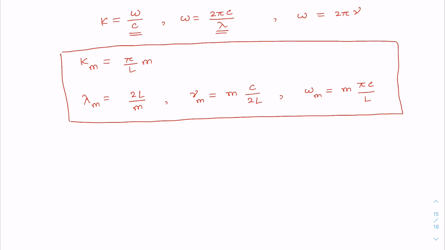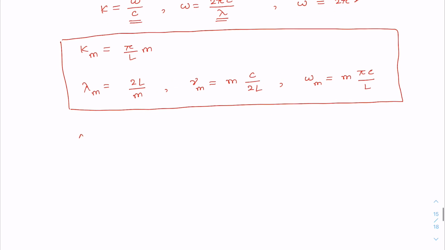Now the corresponding spectrum, if I plot intensity inside the cavity versus the frequency, then only those frequencies or wavelengths that satisfy the resonance condition would be allowed into the cavity. So if it satisfies the condition at nu_m, then you will have a sharp peak inside the cavity.